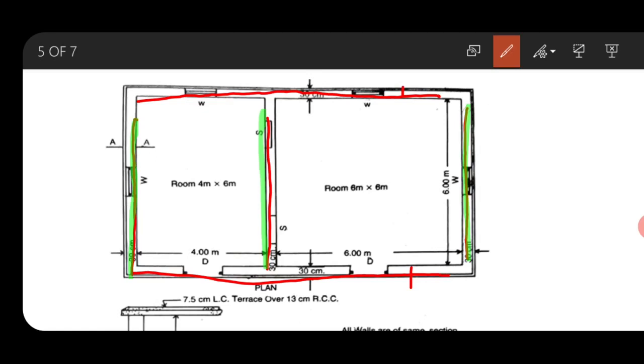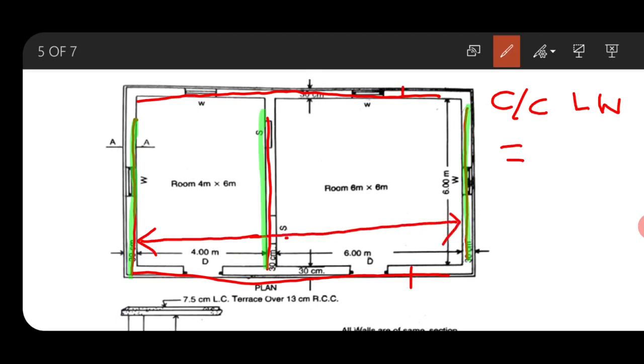So first we will calculate the center to center length of long wall. So for finding out center to center length of long wall, first we will find out what is the in to in length of this long wall, total in to in.